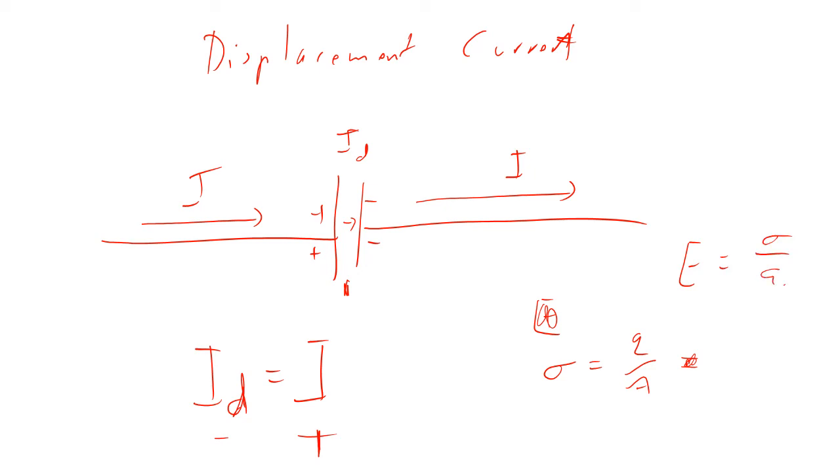Sigma over epsilon naught is the electric field. So that means that Q over A, which is sigma, is going to be equal to epsilon naught E. If we multiply that out, then Q equals epsilon naught A times E.